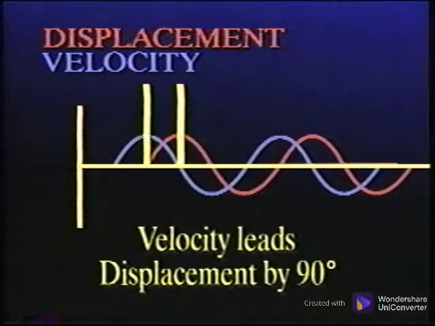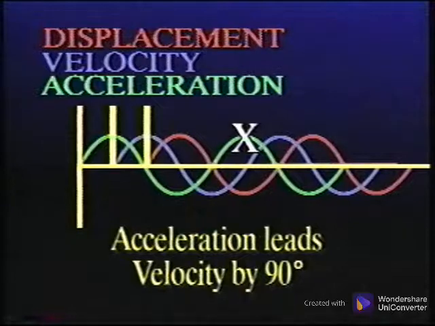Velocity is then said to lead displacement by 90 degrees, or that there is a 90-degree phase difference between velocity and displacement. The acceleration waveform leads the velocity waveform by 90 degrees. Maximum acceleration has a 90-degree phase difference from maximum velocity, and a 180-degree phase difference from maximum displacement.